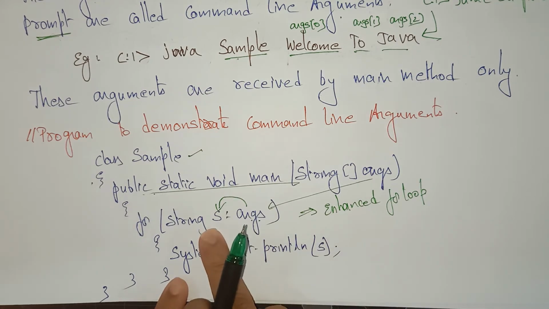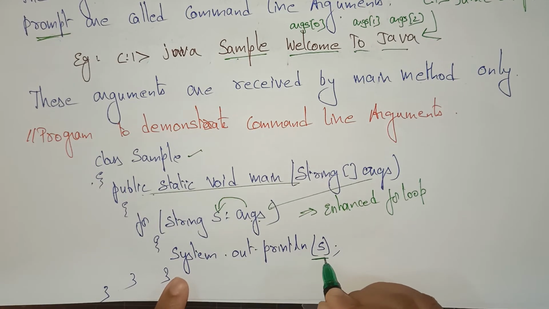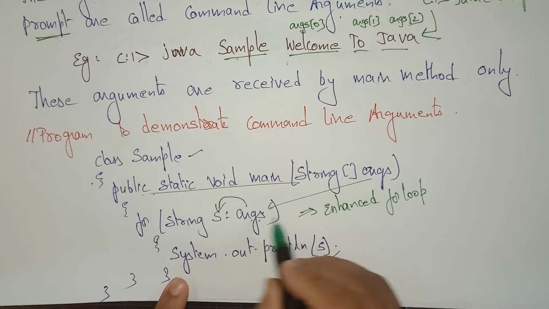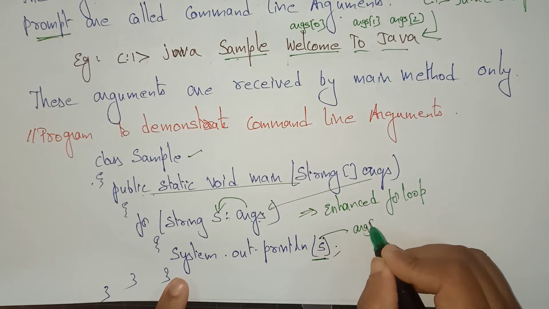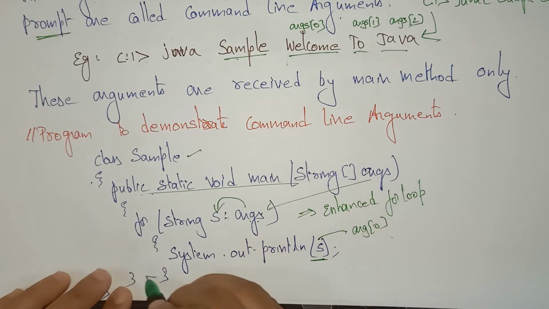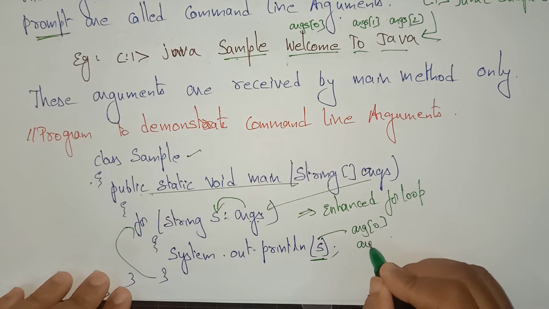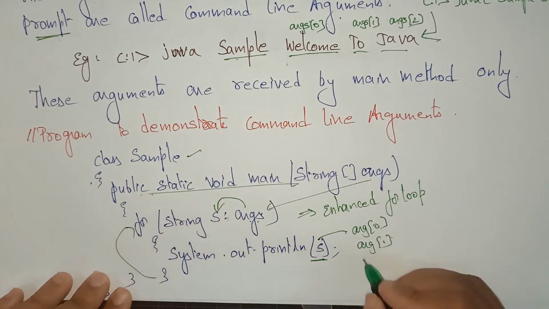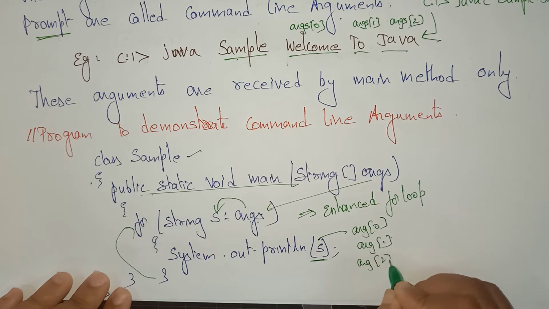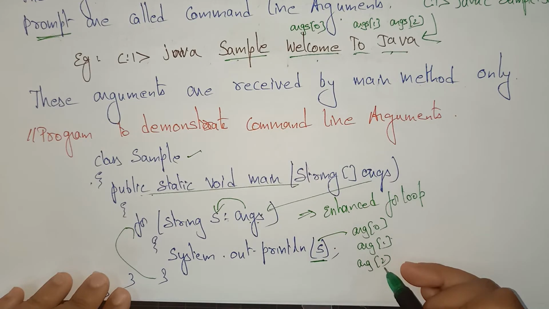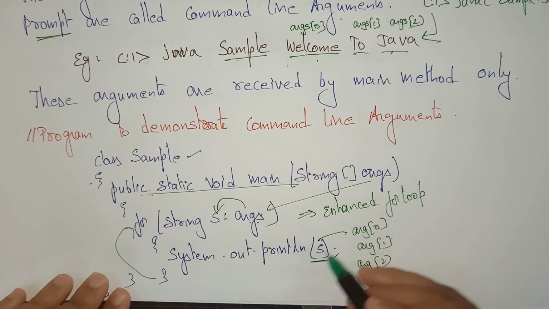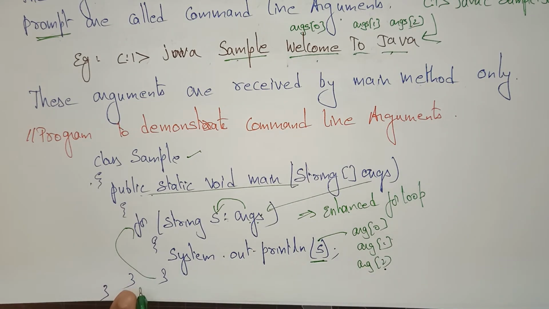That will be passed into the string and printed. First argument 0 is printed, then go back in the for loop, argument 1 is printed, again go back, argument 2 is printed. If I entered only 3 arguments, those 3 will be printed, and then the for loop will exit.